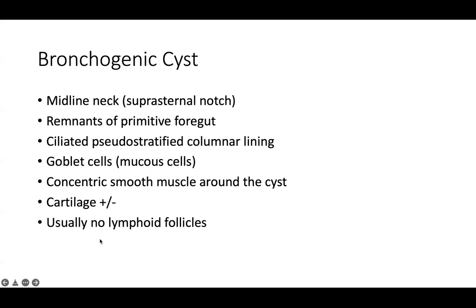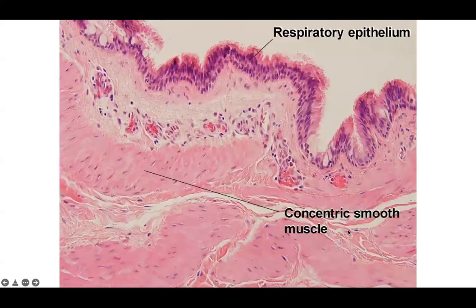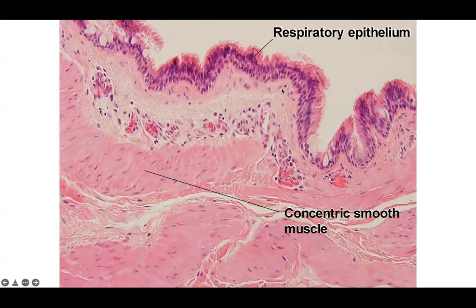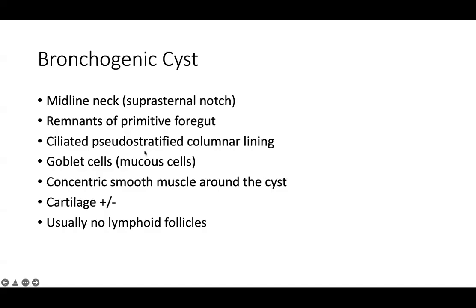You may or may not see cartilage, and usually no lymphoid follicles. So here's that respiratory type epithelium, that ciliation, and the pseudostratified columnar lining, and then that concentric smooth muscle, and you may or may not see associated cartilage around it. Clinically, the location of the suprasternal notch is important and testable.